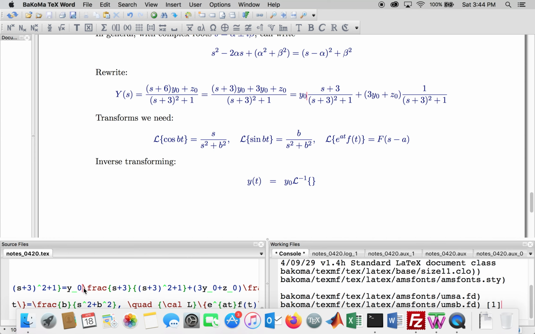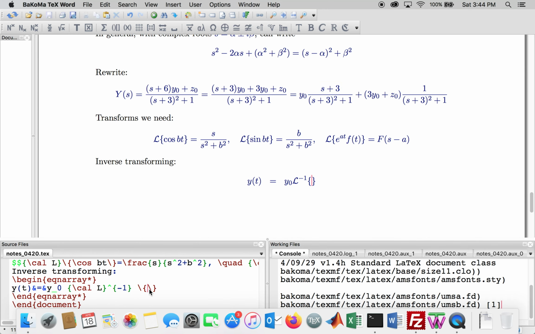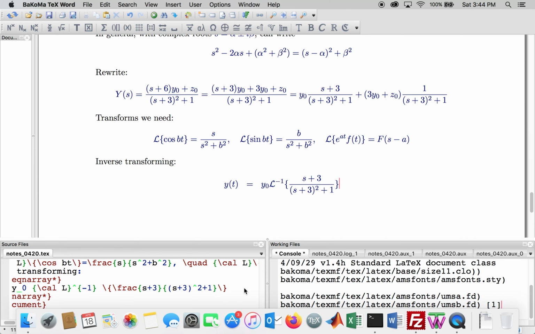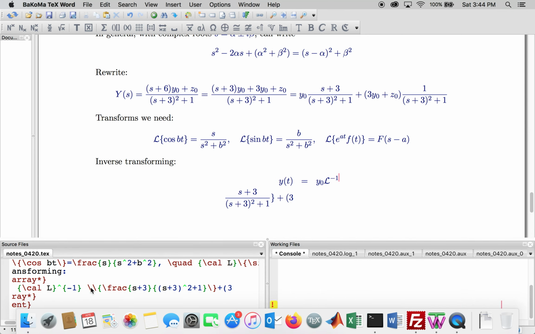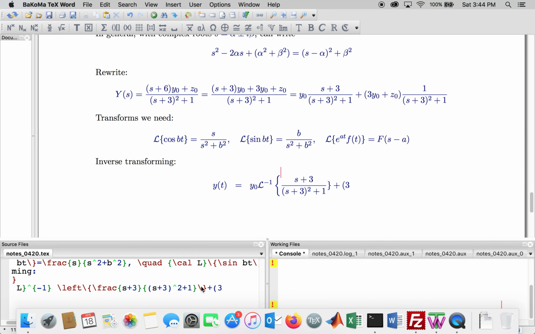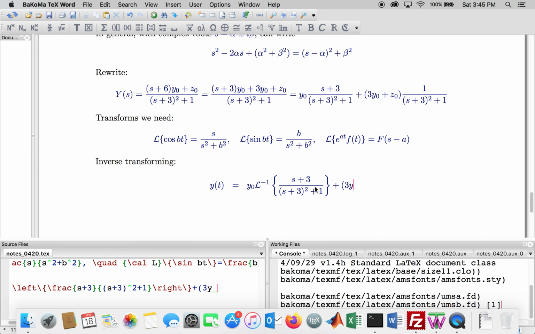So I'll just copy that. Plus, this constant factor, 3y naught plus z naught.